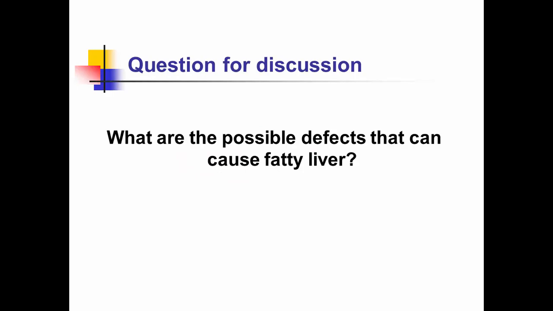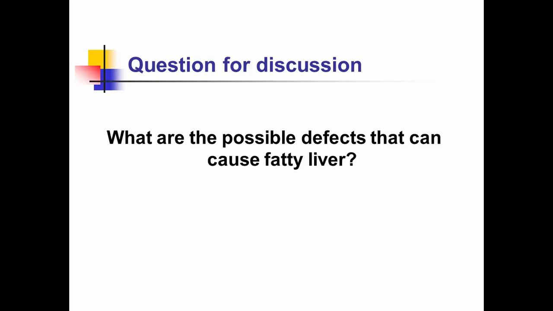So what are the possible defects that can cause a fatty liver disease? As I just described, the balance, right? The synthesis or export. Alcoholism? Yes, I mean, the fatty liver is actually divided into 2 different types.